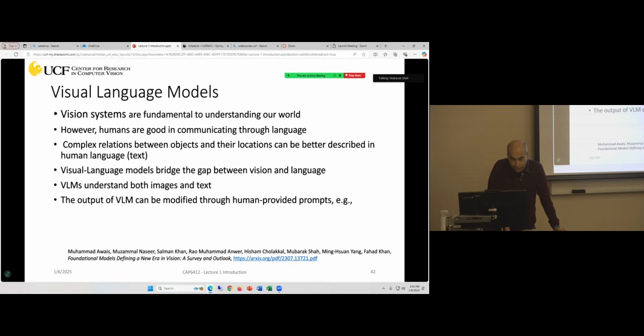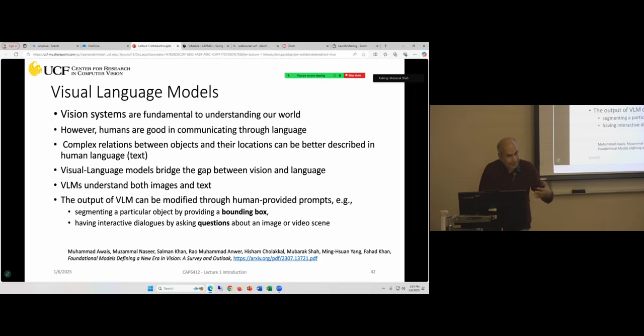The output of a VLM can be modified through human-provided prompts. Given an image, you can do segmentation, but you may want to segment a particular part of the image, like a bounding box.